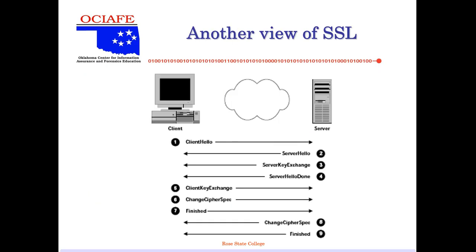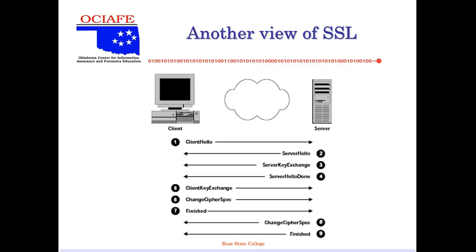So here's another view of how it works. The client says hello to the server. The server says hello. It sends the key exchange, and it says that it's done. It's given everything it needs to do. The client will then send the session key or information back to the server in what we call a client key exchange.